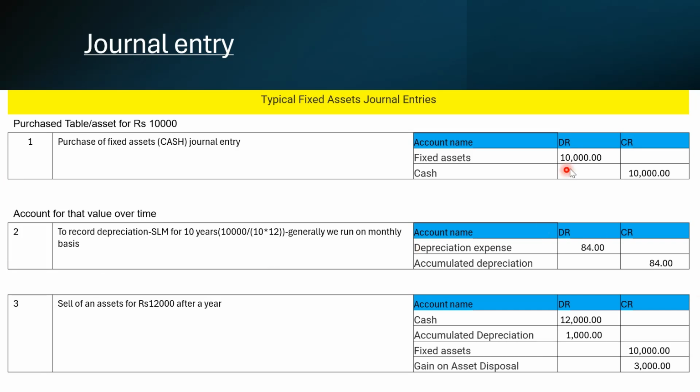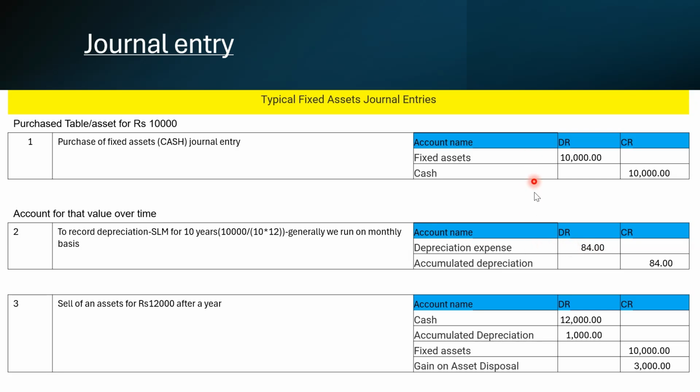So in this example of 10,000 cost, I'm assuming that I'm going to use this table for 10 years, right? You calculate the depreciation for 10 years and then consider it for 1 month. For 1 month, 83.33 will be the depreciation which I'm going to charge for this particular asset.